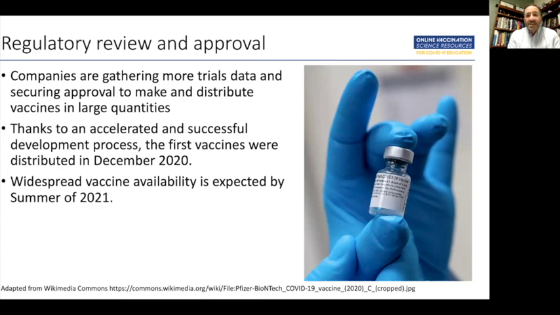And this process happened in less than a year, whereas typically it has been at least 3 to 5 years for any other comparable sort of vaccine development. So that means that vaccines are being distributed, and that they work. And we expect that widespread vaccine availability can't come soon enough, but is expected by the summer of this year, 2021.